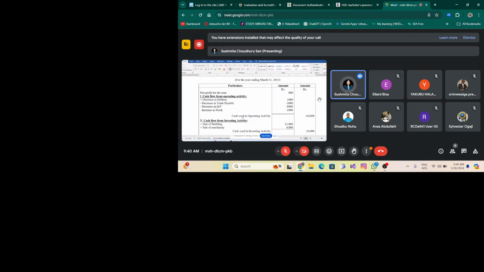Then again the person asks, how much cash altogether do you have? Again I open my bank passbook and come to know that there is 5000 rupees in my bank account, and as my wallet contains 1000, I say my cash is altogether 6000 rupees. All right. So this is about the cash.